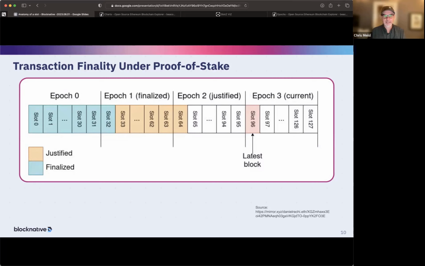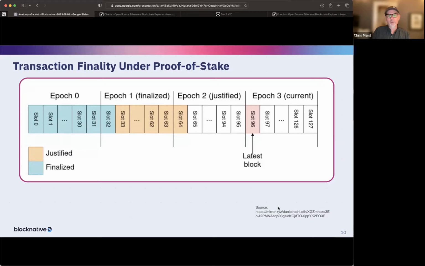As those attestations come in and reach a certain level, you consider that block to be justified. Then if it's far enough back in time, 2 epochs ago, you get to a finalized state. That's the point at which the amount of ETH required to overcome it is so high that we can consider it extremely safe.